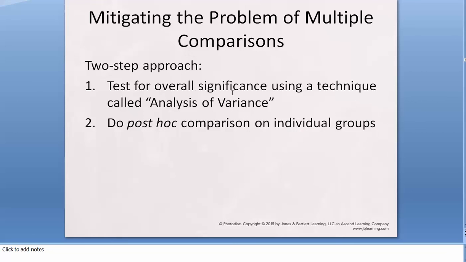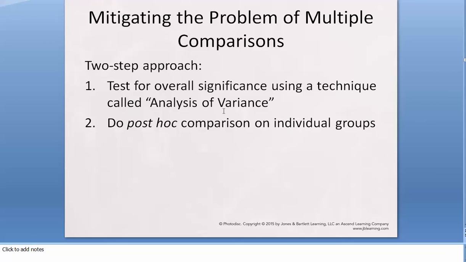To do that test of hypothesis, we will use this technique called analysis of variance. The abbreviation is ANOVA, A-N-O-V-A. It's very easy to say that way, ANOVA. Once we do this hypothesis testing procedure, if you accept HA, that means there is at least one pair of means which is significantly different.